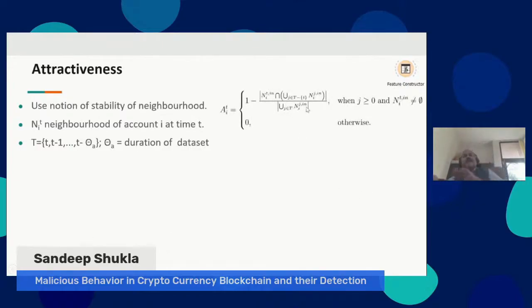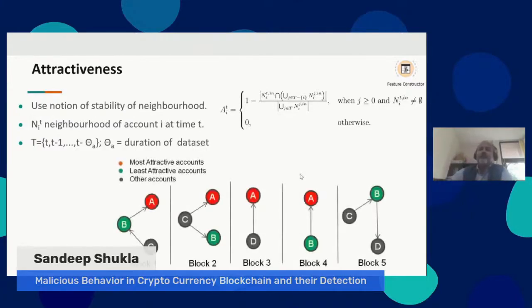We'll not go into the measure here, but you can imagine that a normal account will have more or less good stability, whereas the malicious accounts seem to be always hopping from interacting with certain accounts and then moving on to interact with some other accounts, not staying stable in terms of their neighborhood.